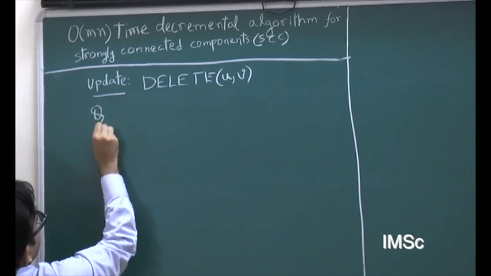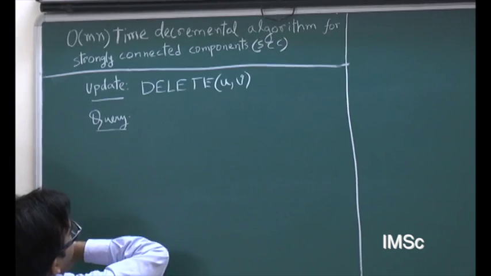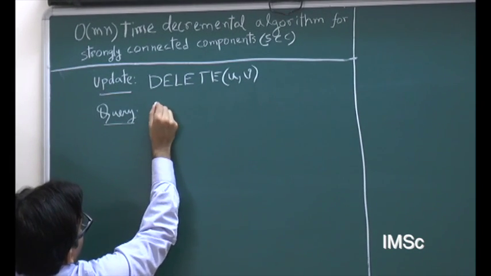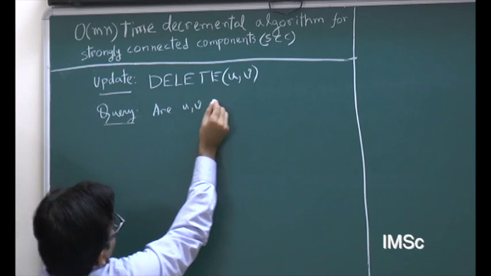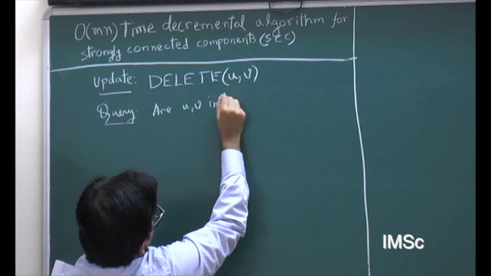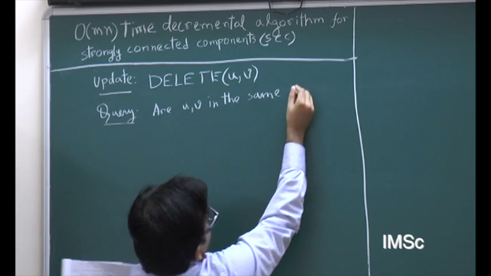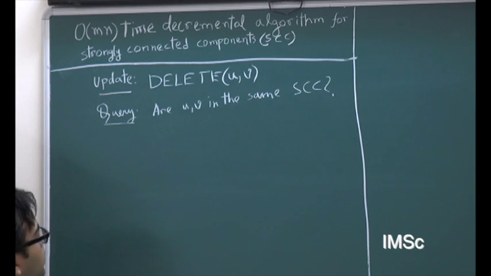And the query is: given any two nodes u and v, are u and v in the same strongly connected component?